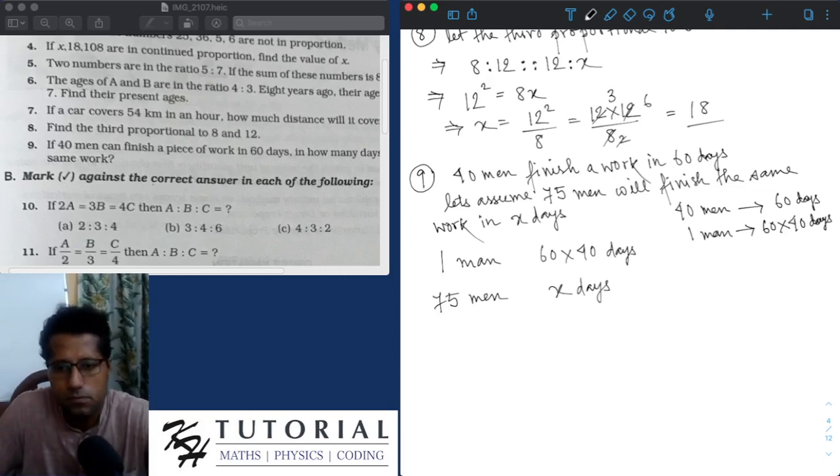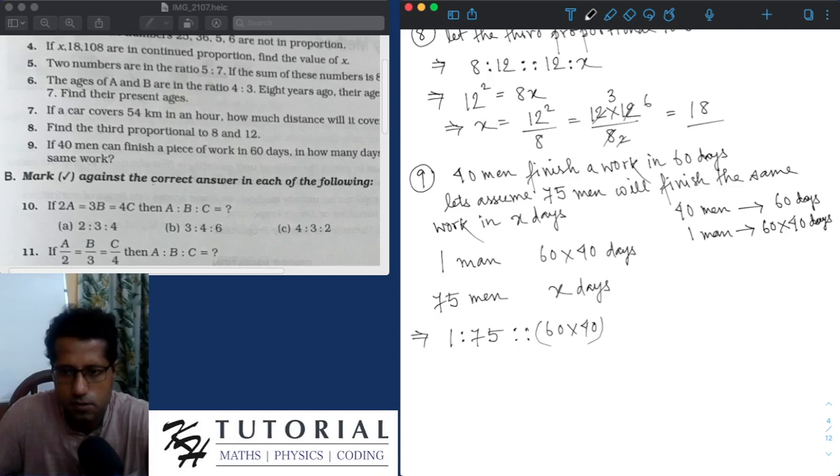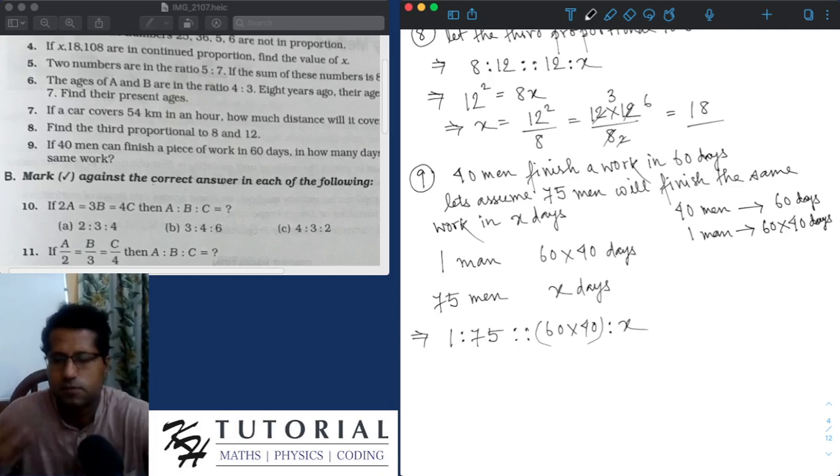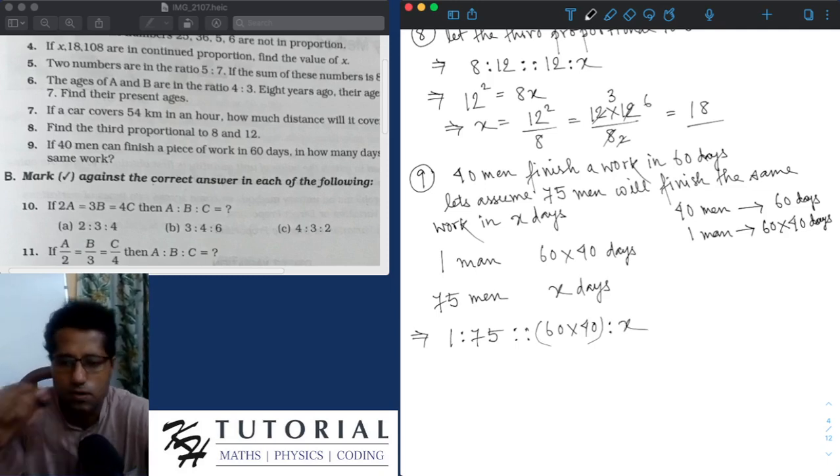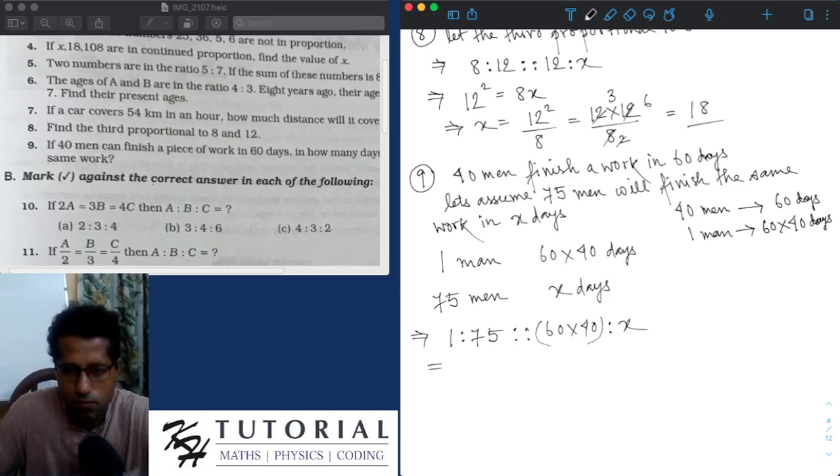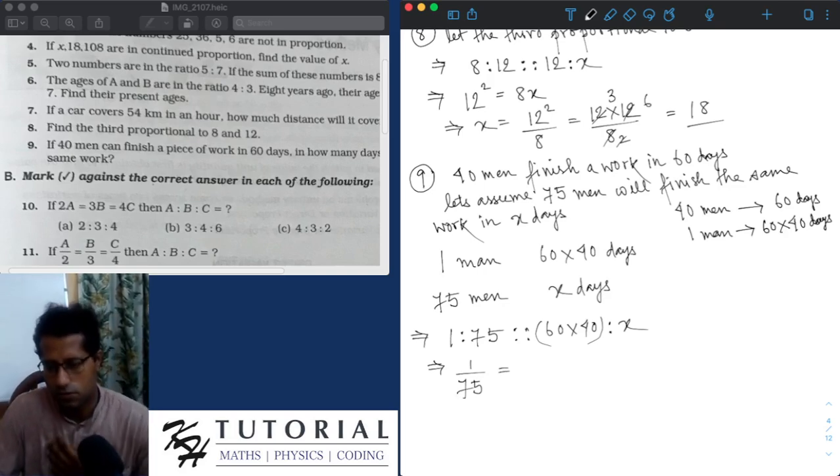So we should have that the ratio 1:75 should be equal to 60 into 40, whatever this number is, to X. Okay, so if this is so, then the two ratios should be equal.